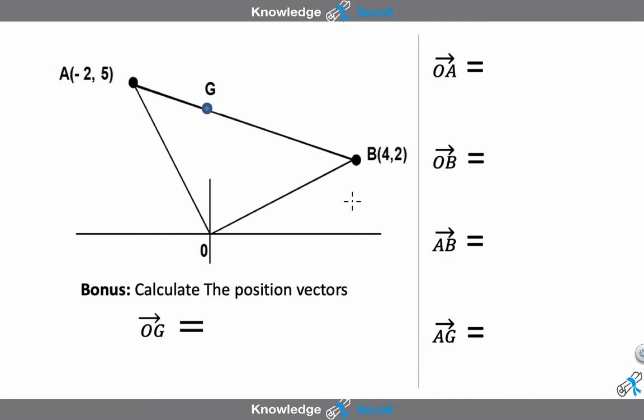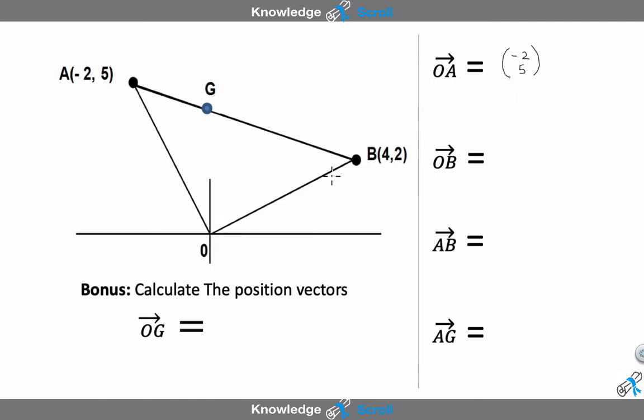So let us begin. First thing, if you remember, to convert any coordinate to a position vector, we simply convert the coordinate into its column vector form. So the answer for OA should be (-2, 5), and remember to put your brackets to represent that it is a column vector.